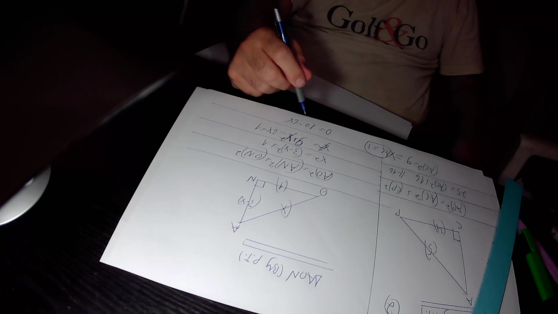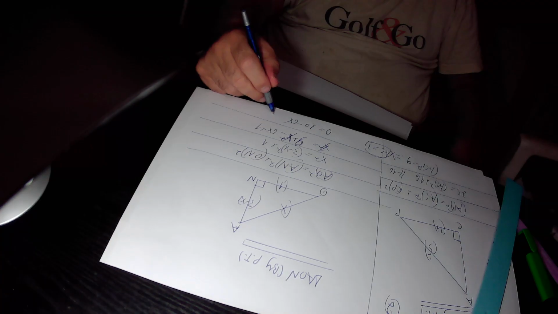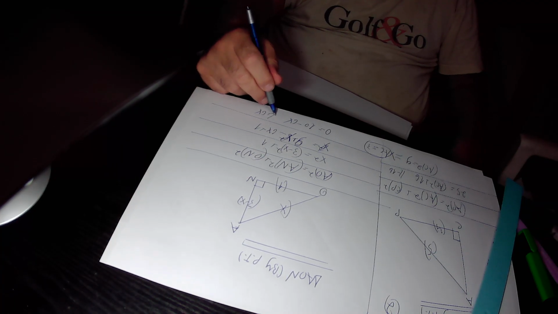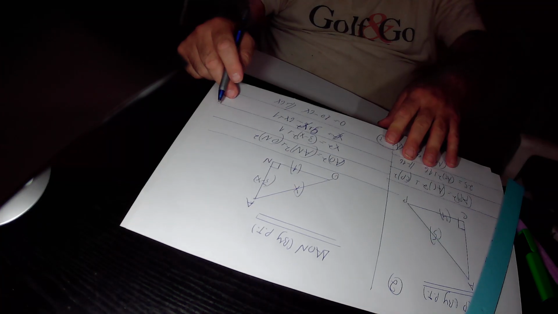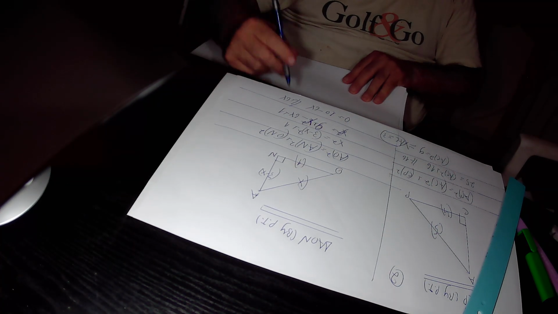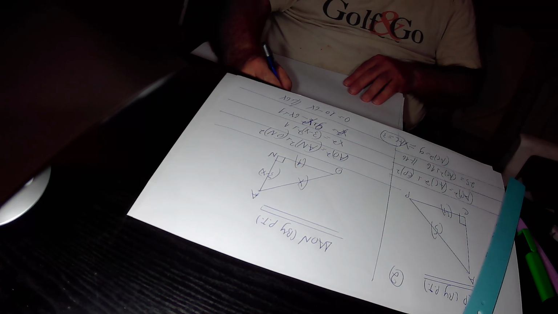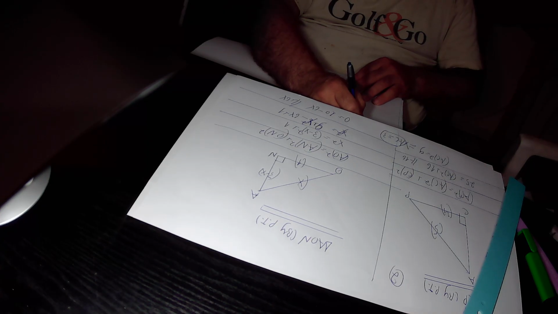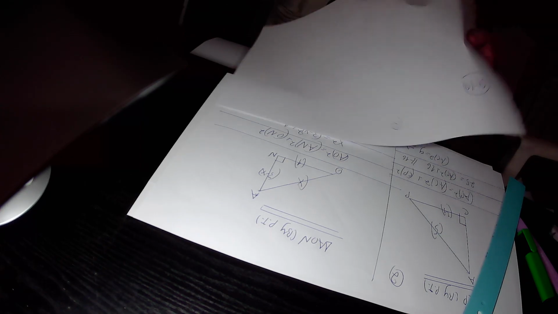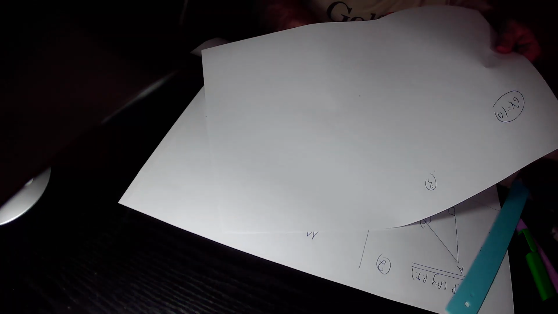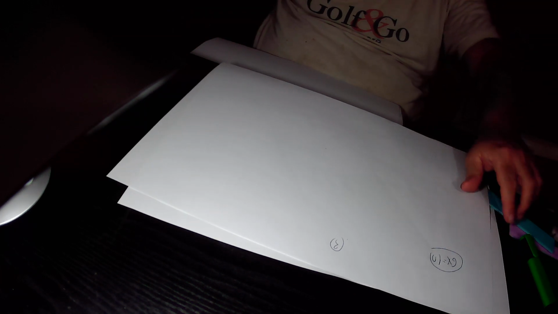So we found out that 0 equals 10 minus 6x. Here we add 6x to this equation, and we get that 6x equals 10. So I found out that 6x equals 10.